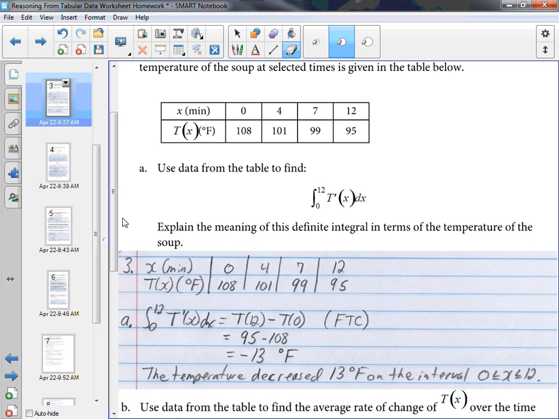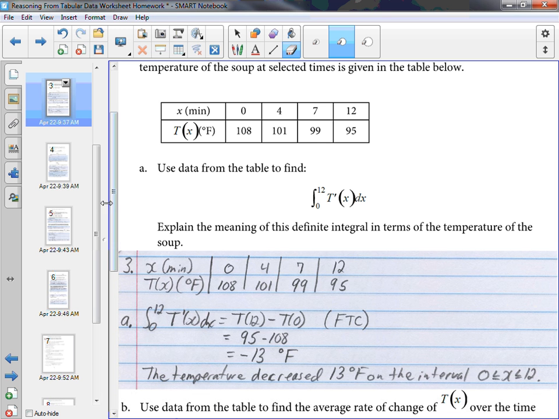They're going to give it to you in such a way that you can. They're not going to mess with you and give you strange looking intervals for Riemann sums. Well, let's just look at 3 then.